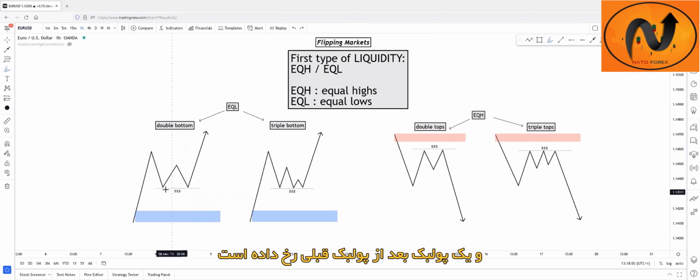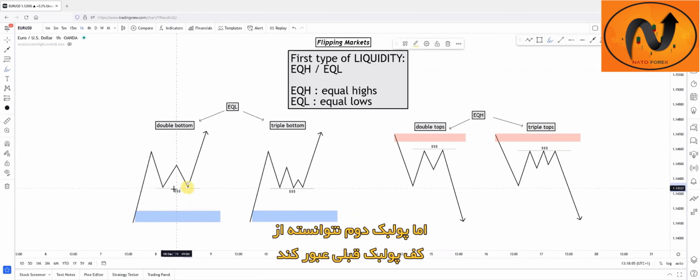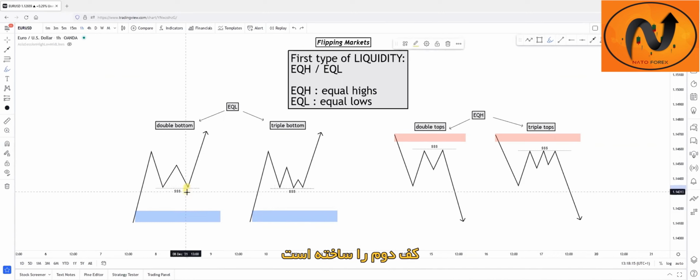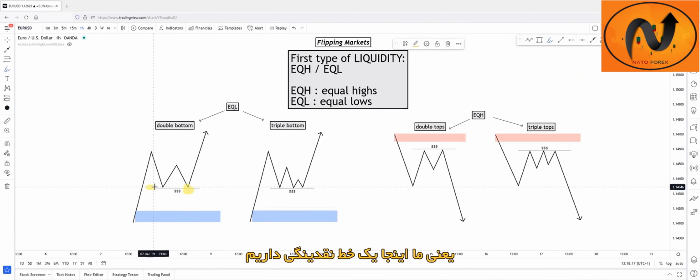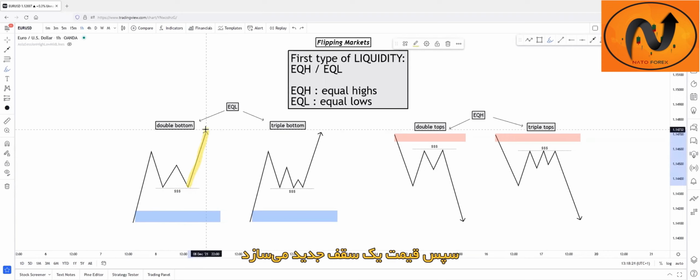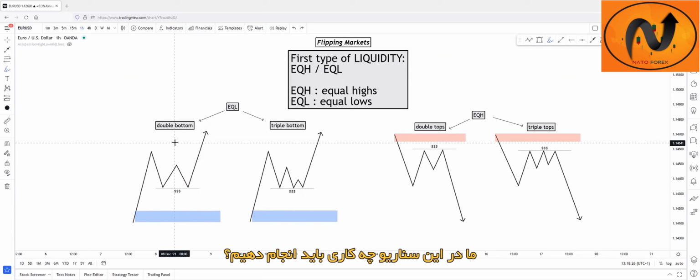After this pullback, the price couldn't break below the pullback phase low, and instead of breaking below this low point and tapping into a demand zone, it created the second bottom. So this means we have a liquidity line here, which is perfectly equally lined up, and after this, price created a new high. What can we do in this scenario?